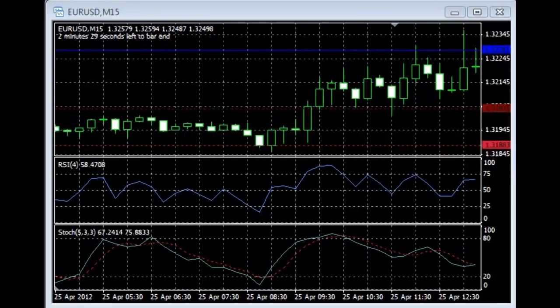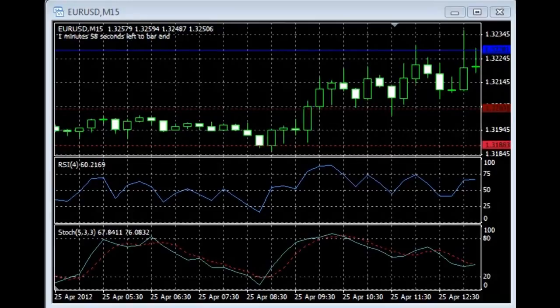The beauty of this particular method, from what I've been able to tell, going backwards as far as I could in testing this, is that you're going to win at around a 75% clip. So you keep your trades at the same level, $25, $50, $100, whatever level you can afford to trade at, and over time you are going to make money on this account because you're winning at a better than break-even clip.